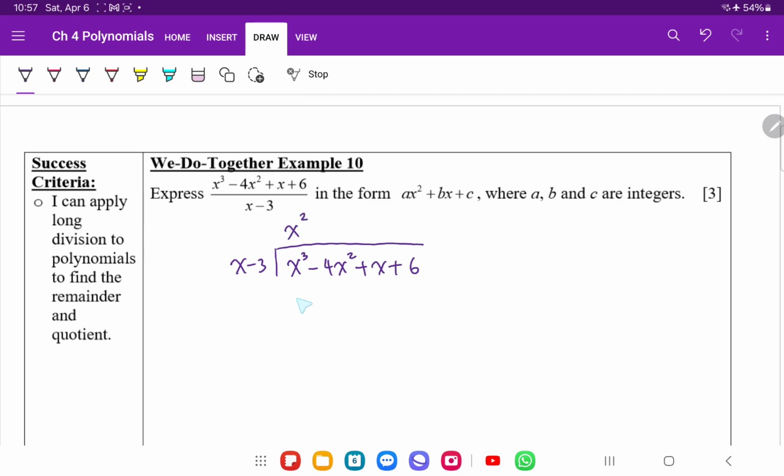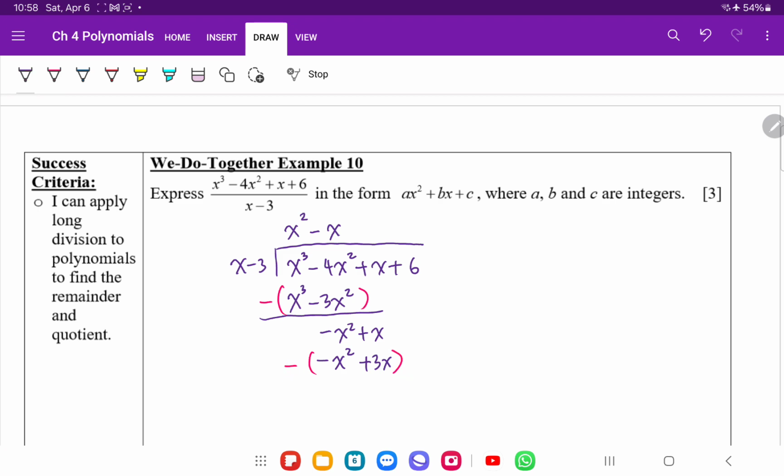X squared times x, x cubed, x squared times negative 3, negative 3x squared. Subtract with brackets. Negative 4 minus 3, that will be a negative x squared. And then bring down the positive x. I need a negative x to give me a negative x squared. Negative x times negative 3 is a positive 3x.